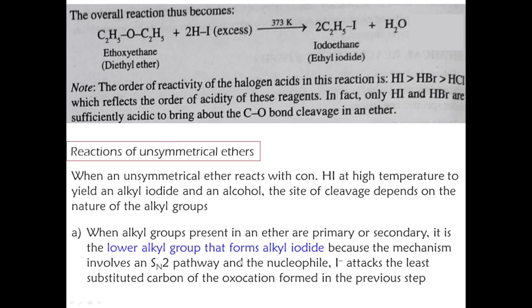So the lower alkyl group, CH3, forms alkyl iodide, that is, the carbon of the lower alkyl group with oxygen gets cleaved. We will discuss the reaction and mechanism, because the mechanism involves the SN2 pathway, and the nucleophile I- iodide attacks the least substituted carbon of the oxocation. The oxocation will be formed in the previous step, so we will discuss all this.